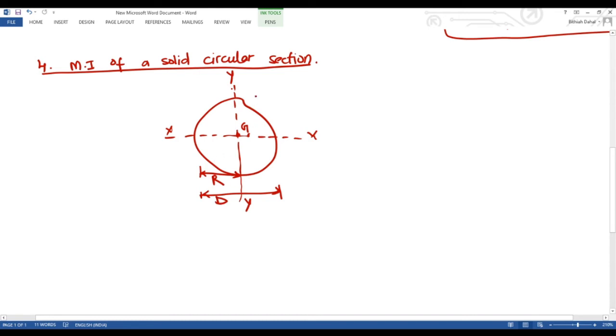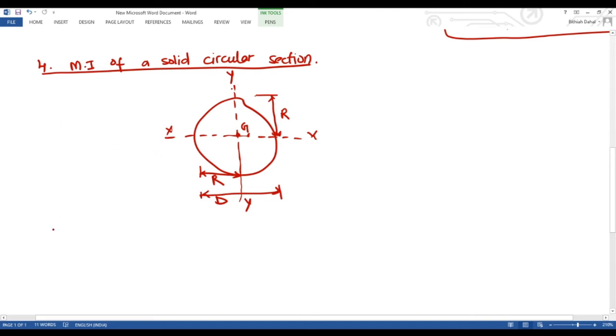Similarly, from here to here, I have half of the diameter, which is the radius. So in both sections it is divided equally, running through the x-axis and through the y-y axis.